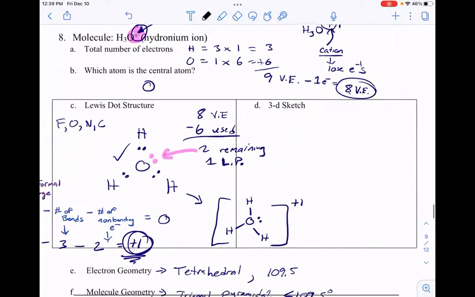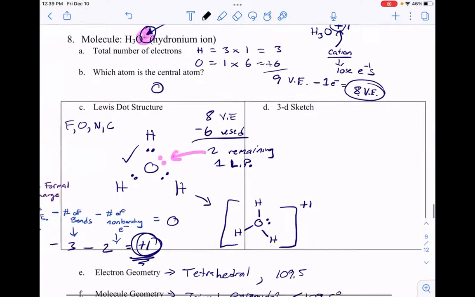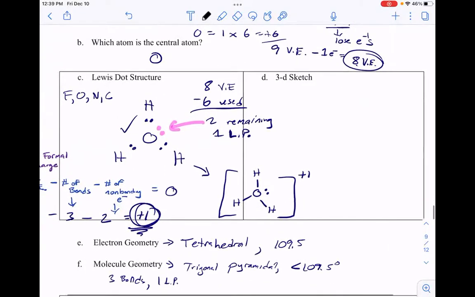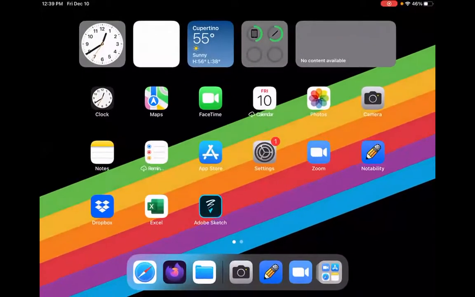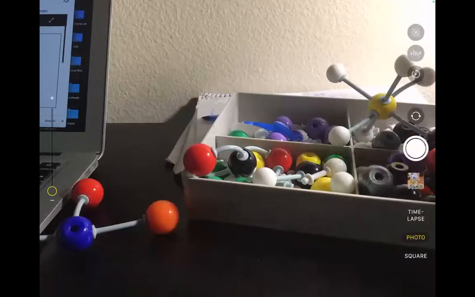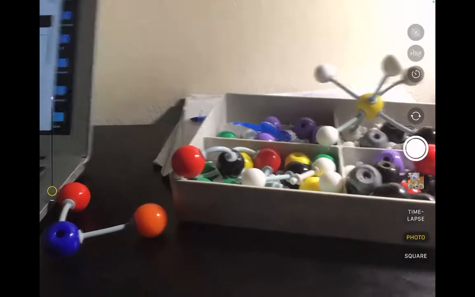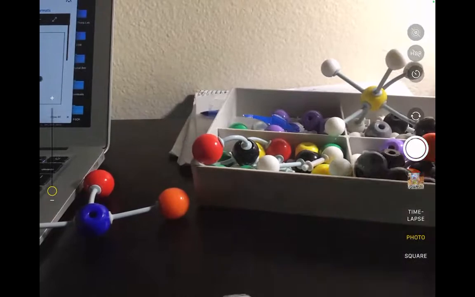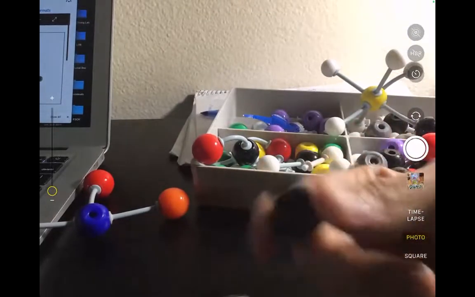Number 8, we have hydronium. If you're looking at the electron geometry, notice that the electron geometry is tetrahedral. And so the color of the sphere that we're going to be using for something that's tetrahedral is the black sphere.